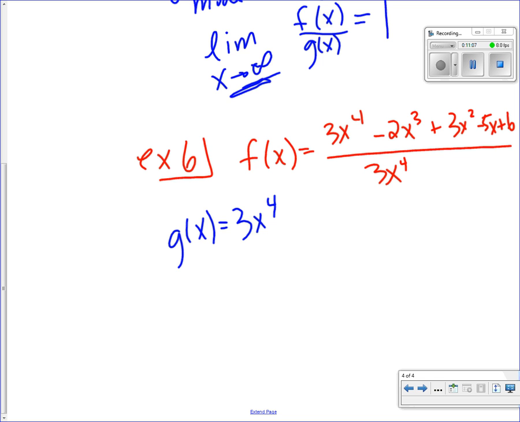Here's how we can test that g is actually an end behavior model. We're going to divide the function f by the function g. So everything in function f is going to get divided by 3x to the 4th.